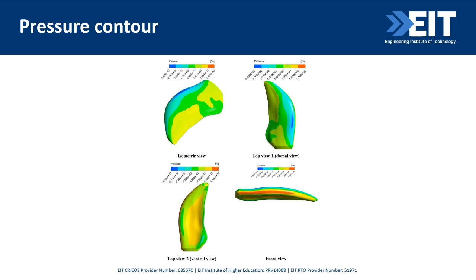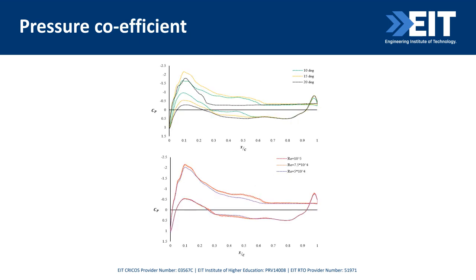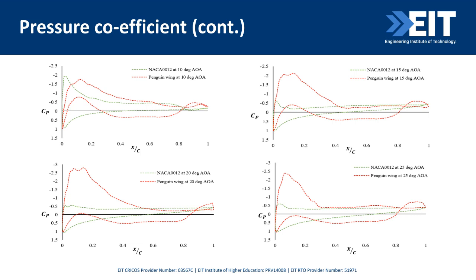And these are the pressure contour and coefficient of pressure. If we see this figure, we compare our result with the NACA wing. This is the difference, because of which the lift force is generated: the difference between negative higher pressure and positive lower pressure.